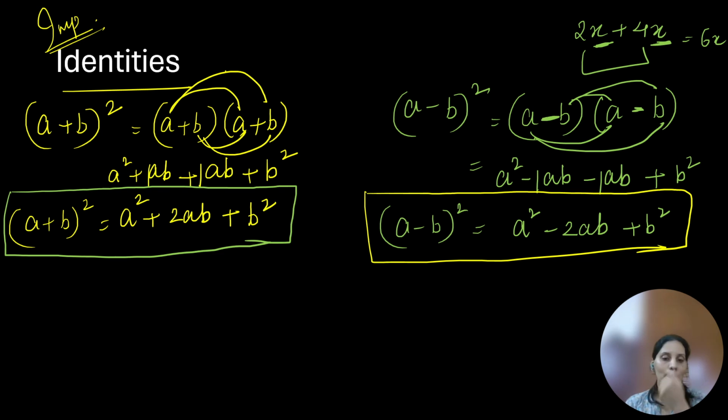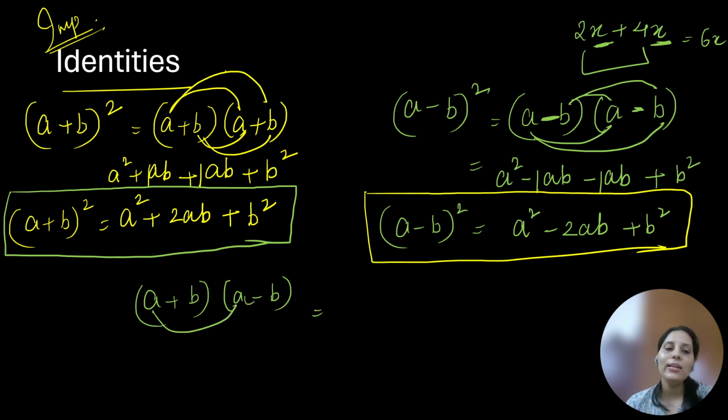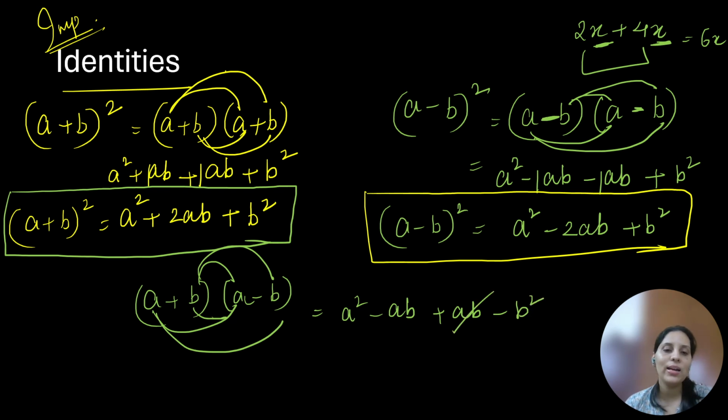Now the last one is (a + b) into (a - b). So what do I get? a into a is a square, a into minus b is minus ab, b into a, b into b. So plus ab minus b square. So I cut this.